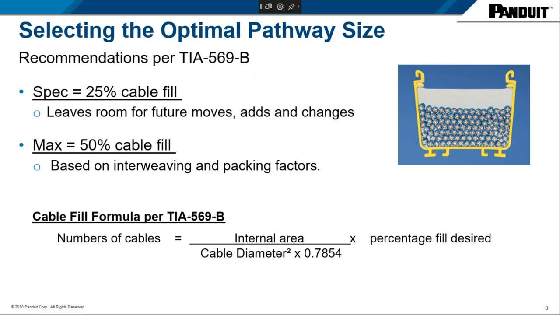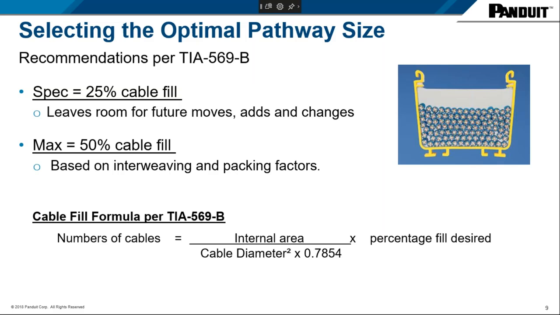Why only a 25% cable fill? Well, we do want to consider the diameter of the cable. There are a lot of openings, as it is a circular diameter, so you do have a lot of openings between all the grooves. And with that 25% cable fill, this does leave room for future expansion.